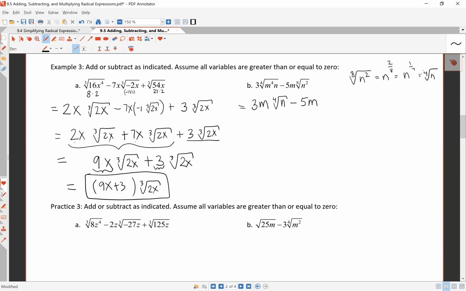So we can rewrite the 8th root of n squared as the 4th root of n. Now we have like terms. 3m 4th root of n minus 5m 4th root of n. So 3 minus 5 is negative 2, m 4th root of n.